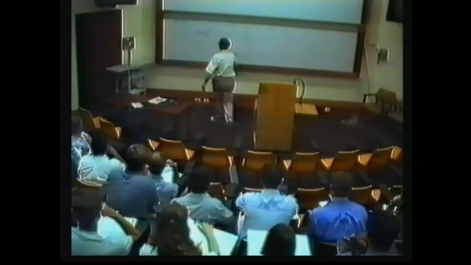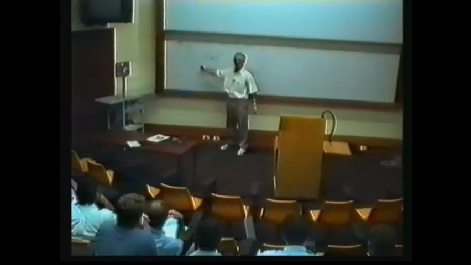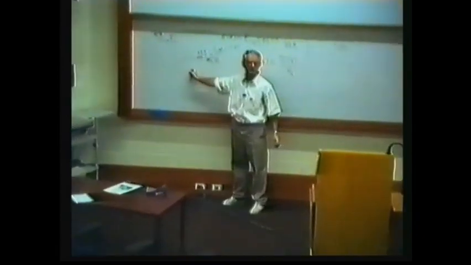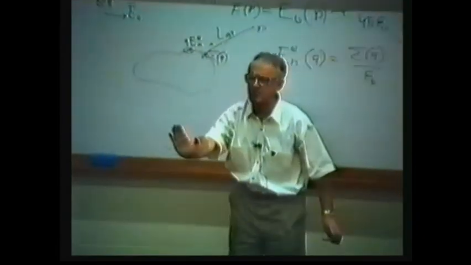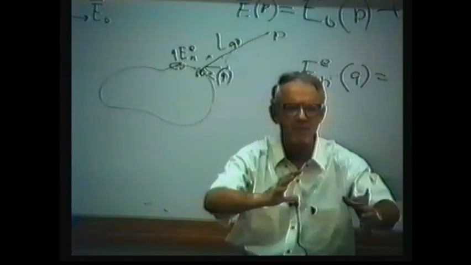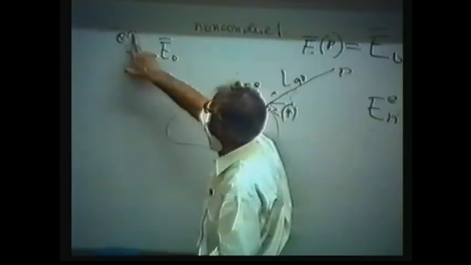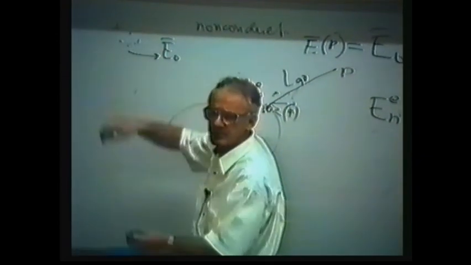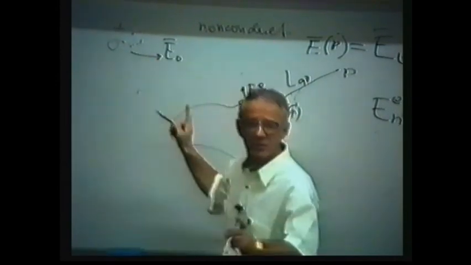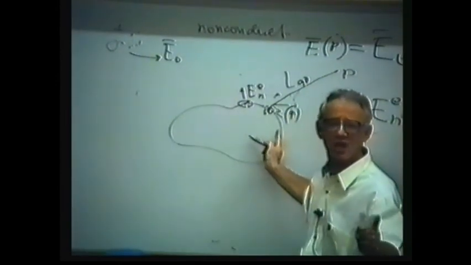But here, please imagine the same conductor. I don't change shape. I don't change dimension. Only I change the position of my source. What would happen with charges here? Will they change or not?